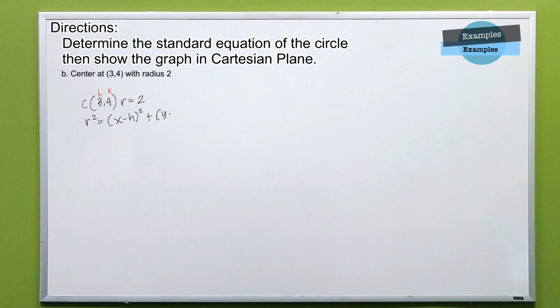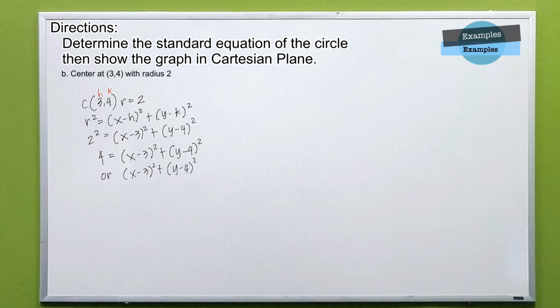Same as the previous example, all you have to do is simply substitute the values to the given equation. Thus, 2 squared equals the quantity x minus 3 squared plus the quantity y minus 4 squared. Hence, 4 equals the quantity x minus 3 squared plus the quantity y minus 4 squared, or the quantity x minus 3 squared plus the quantity y minus 4 squared equals 4.